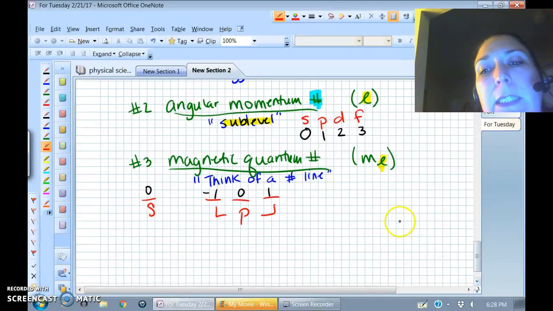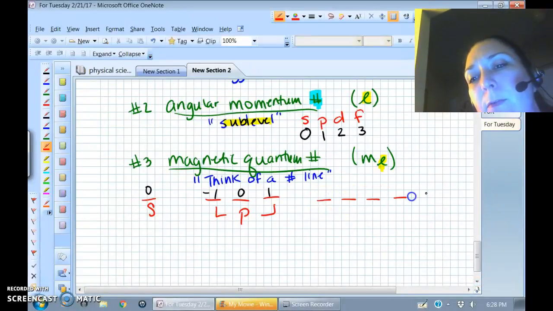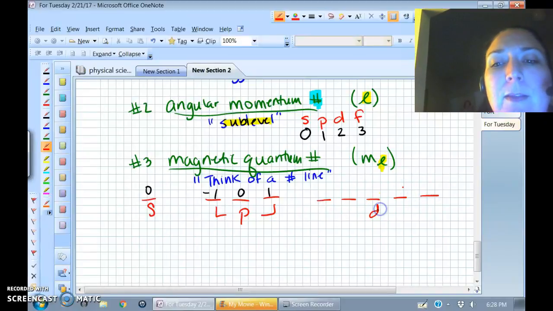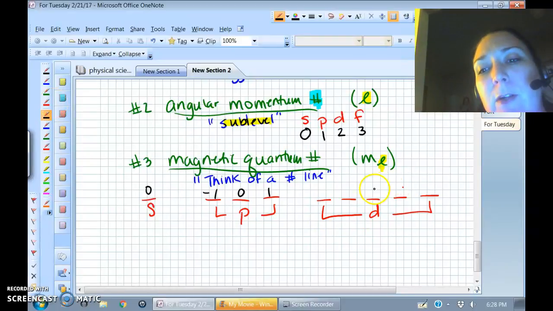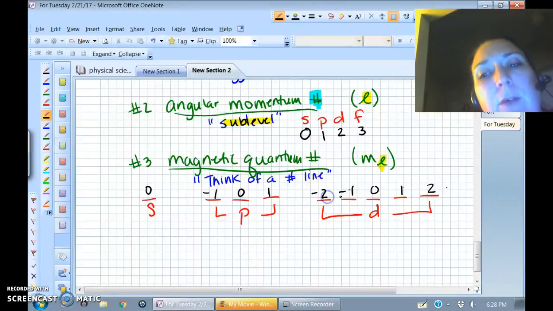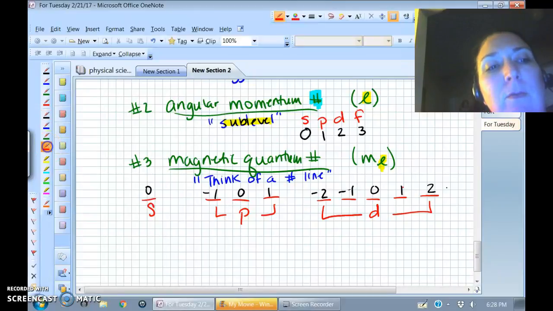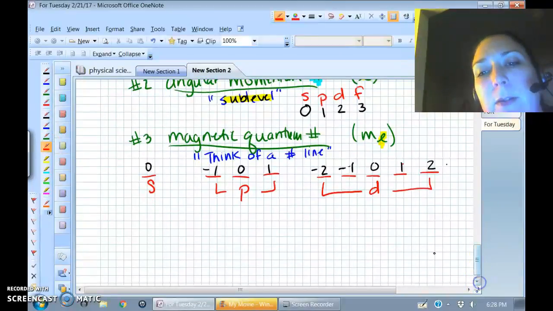Alright, so here we go. D, we have 5. 1, 2, 3, 4, 5. This is my D sublevel. Again, if you have an electron in the D, the middle orbital is your 0, +1, +2, -1, -2. It's not rocket science, we got this part, this is easy.